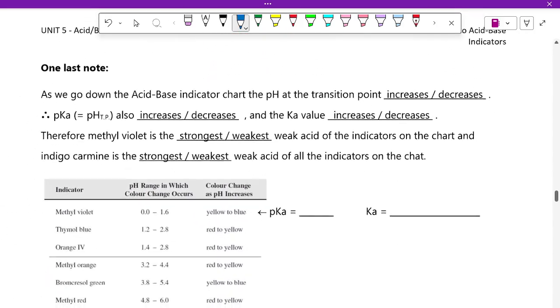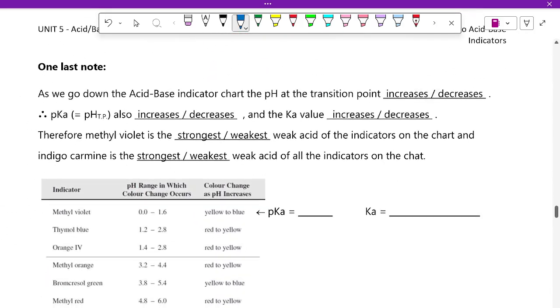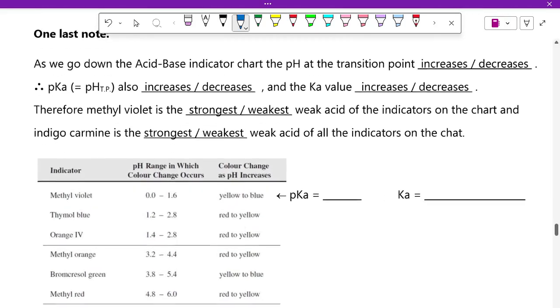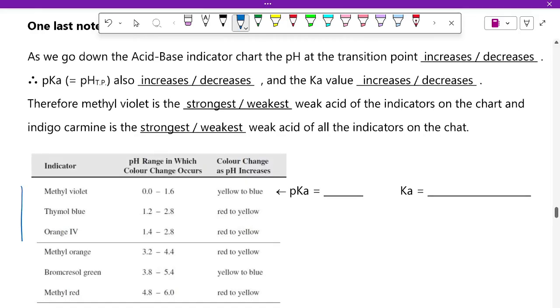All right, one last note before we are done. As we go down the acid-base indicator chart, what happens to the pH at the transition point? It is increasing. And if it is increasing, what is happening to the pKa?